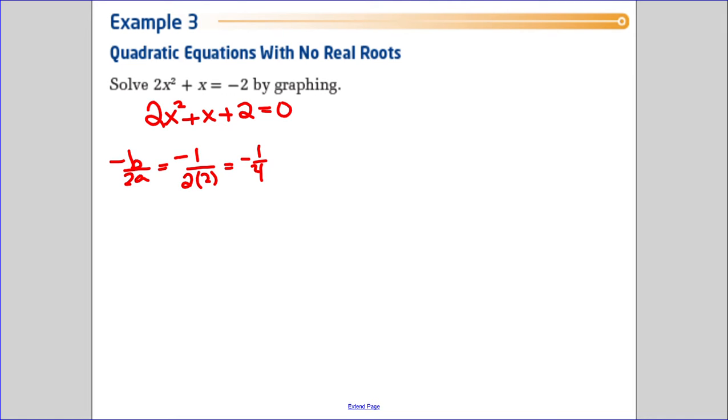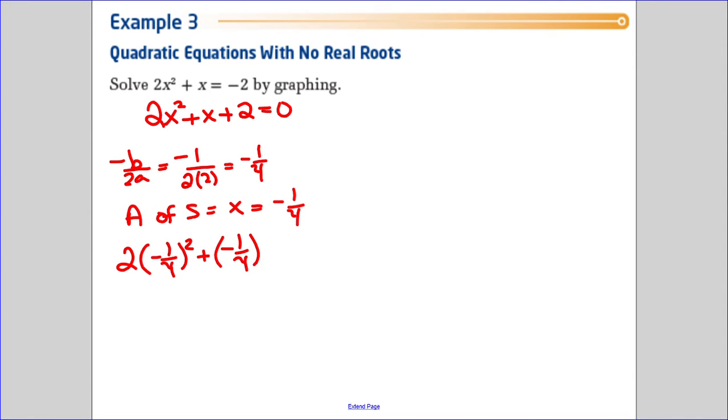Now, after that, I can take the minus 1/4 and plug it back in. So if I plug that back into the equation, I know my axis of symmetry in this case is x equal to minus 1/4. So let's take 2 times minus 1/4 squared plus negative 1/4 plus 2 equals 0.